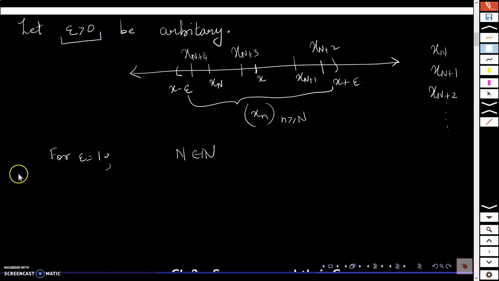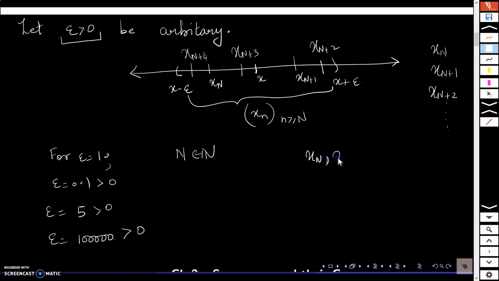No matter what epsilon you give me, epsilon equal to 0.1, epsilon equal to 5, epsilon equal to 1 lakh. For any positive epsilon, I should be able to find one natural number such that the terms of the sequence after this natural number, that is, the tail, will be entirely inside the epsilon neighborhood. Then we say that the sequence xn converges to the point small x.